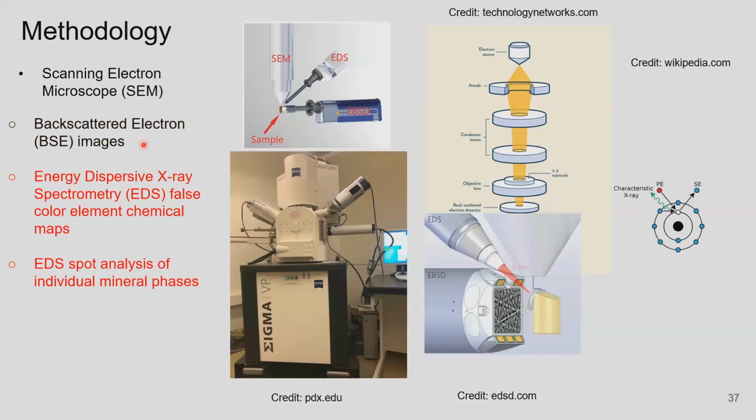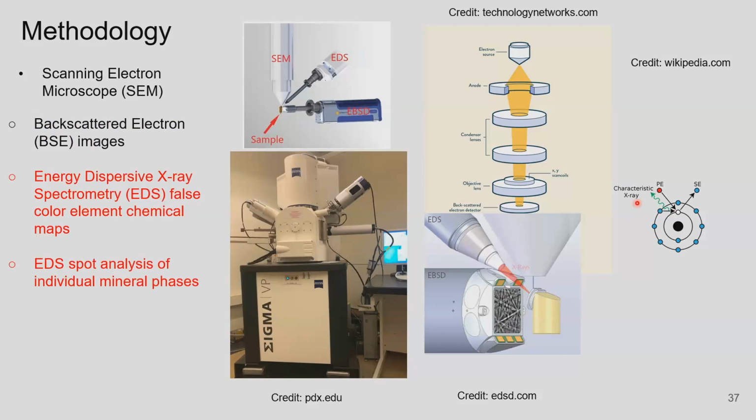Now, the second thing that electrons can do when they interact with the sample is form characteristic X-rays. How this works is the electron comes from the source, hits the sample, and knocks off another electron from the atoms of your sample. When it does that, you release an X-ray. Depending again on what elements you're looking at, those atoms can release different types of X-rays with different energy levels, and so we call these characteristic X-rays.